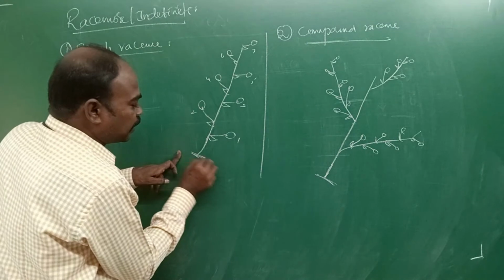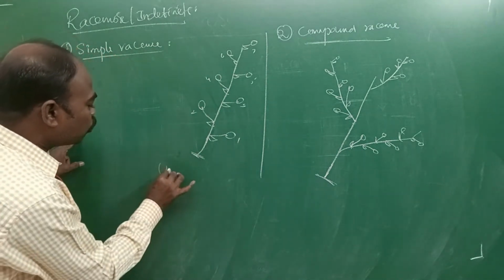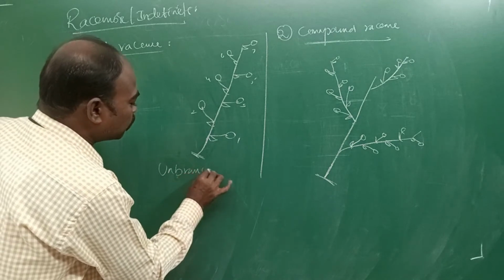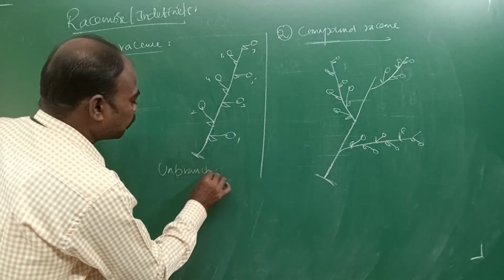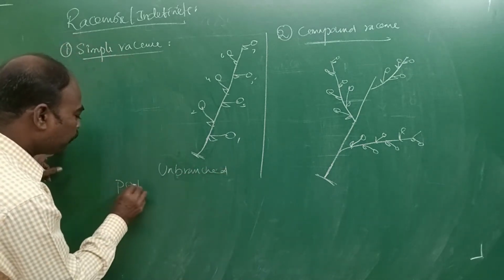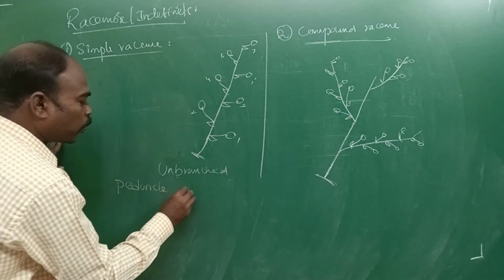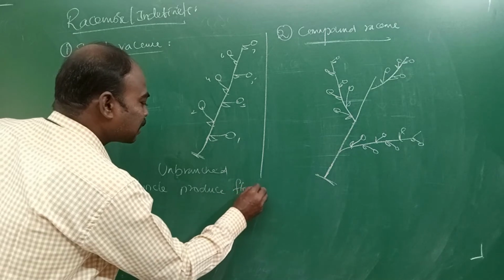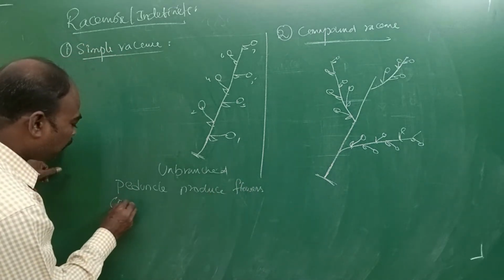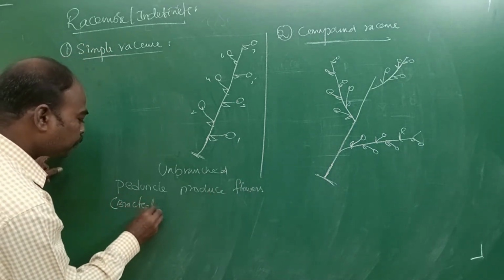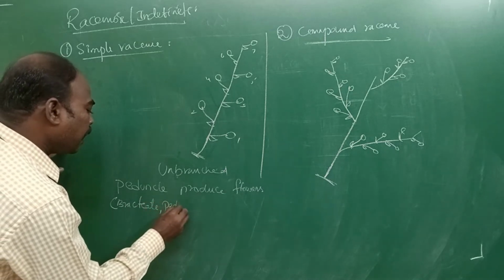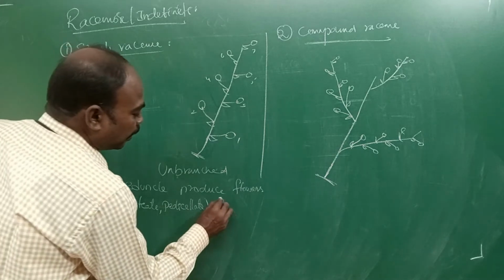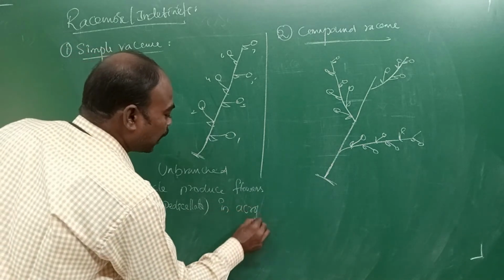So here, simple raceme: unbranched peduncle produces flowers which are bracteate, pedicellate, in acropetal manner.